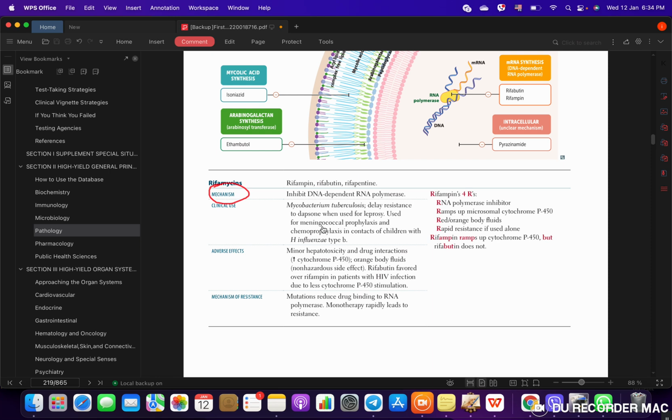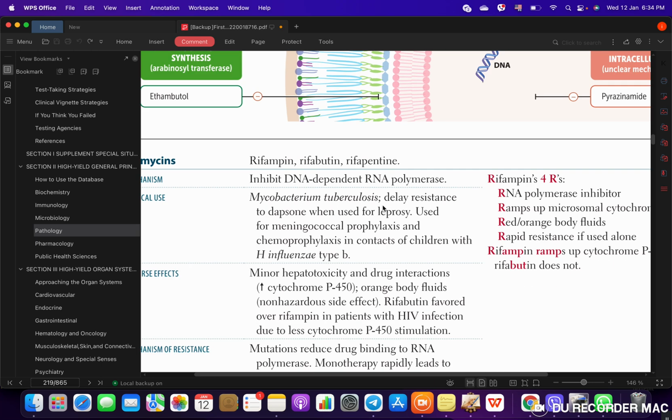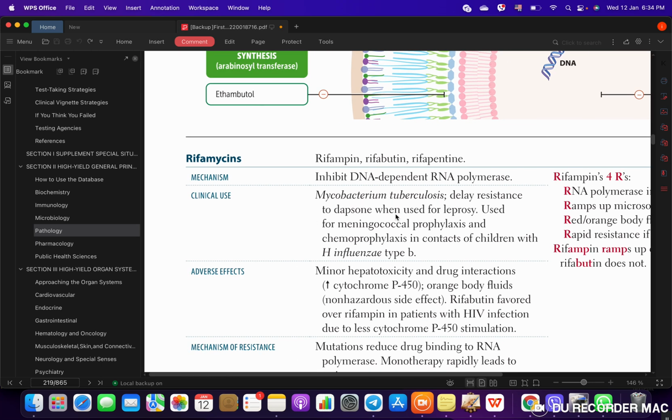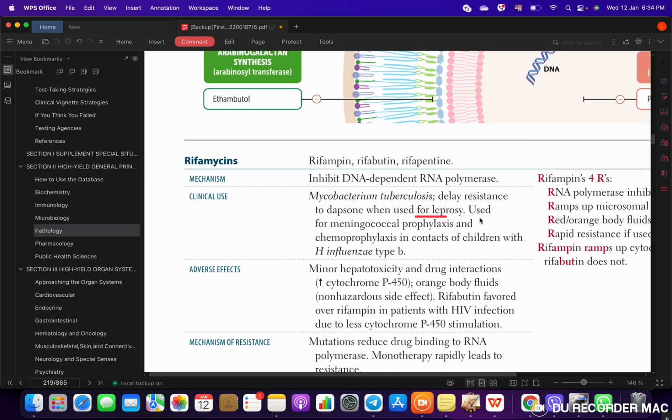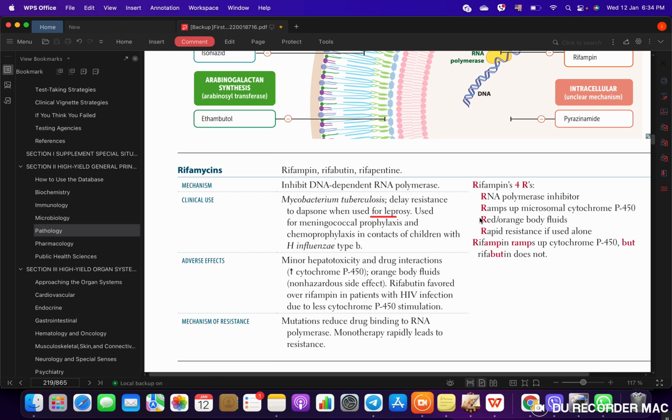The mechanism of these drugs is the inhibition of the DNA-dependent RNA polymerase. No transcription, no translation, no protein synthesis, death of the cell. That's what we want. The clinical use is for tuberculosis, and for leprosy to delay resistance to dapsone. So remember, in case of leprosy, we use dapsone with rifampin or rifabutin, okay?